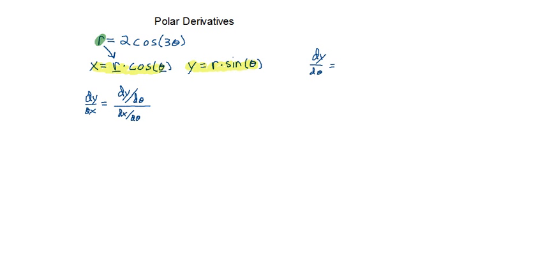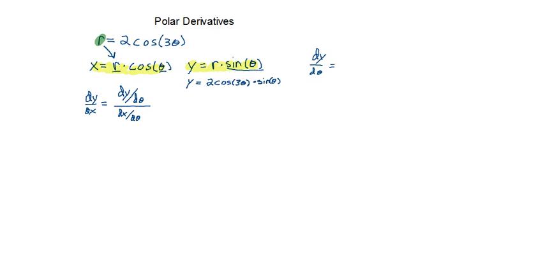Sadly, this is going to take a bit of a chain rule and a product rule, actually, because our function y, which is r sine theta, becomes, when we plug in r, 2 cosine of 3 theta times sine theta. So when I take that derivative, it's going to require a product rule.